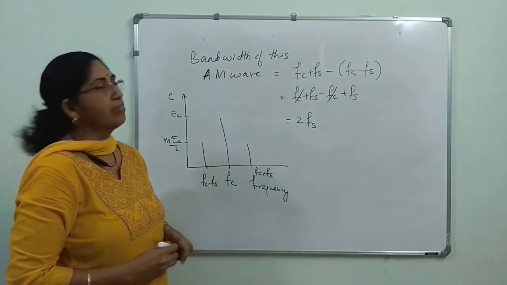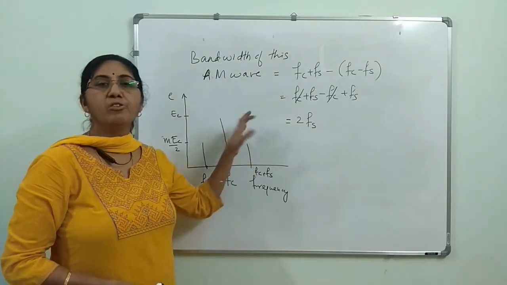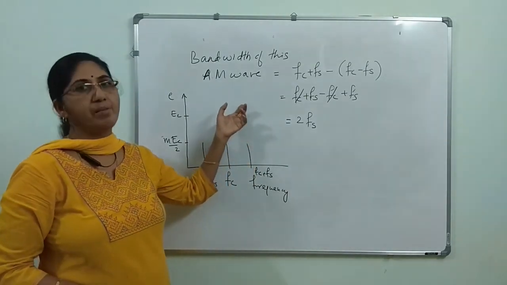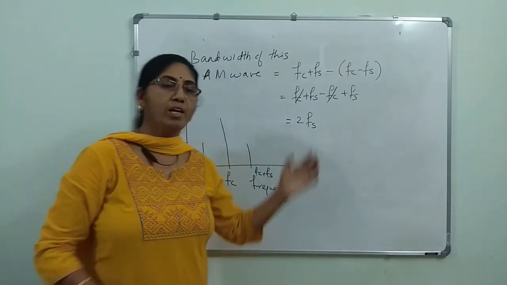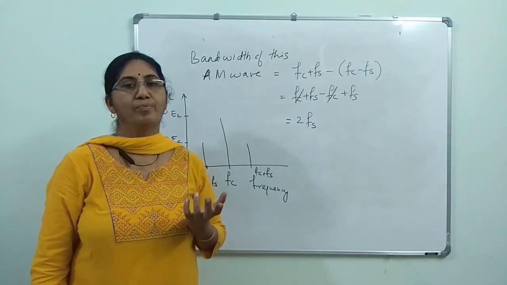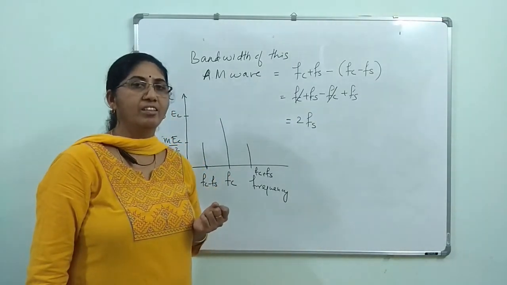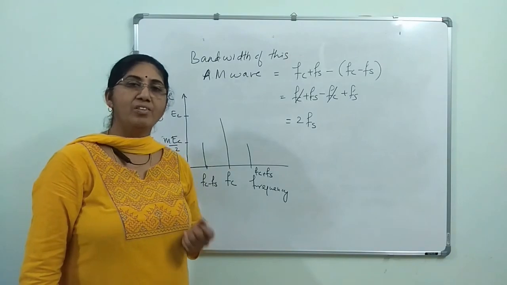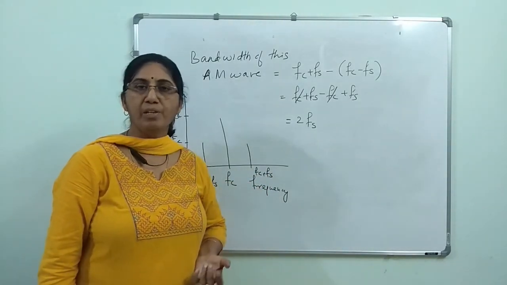In the next class, we will be discussing frequency modulated wave, and also we will be working on some problems on this amplitude modulated wave. So let us summarize what we have been discussing today. We have started with amplitude modulation. First we took the signal, which is of low frequency, and the carrier, which is of high frequency.